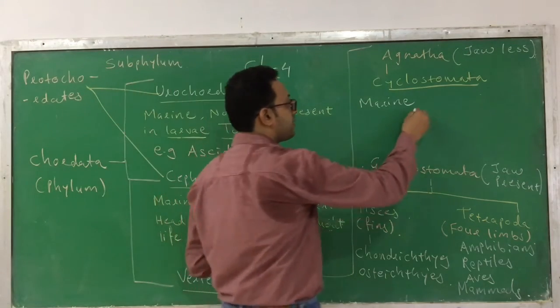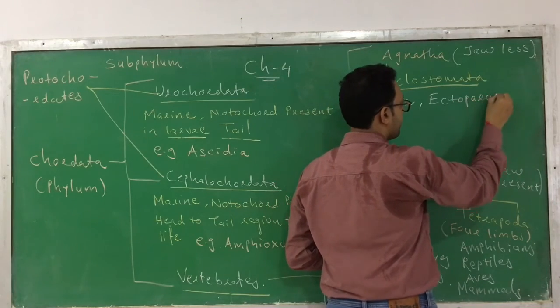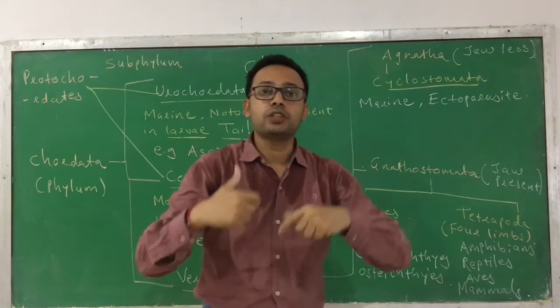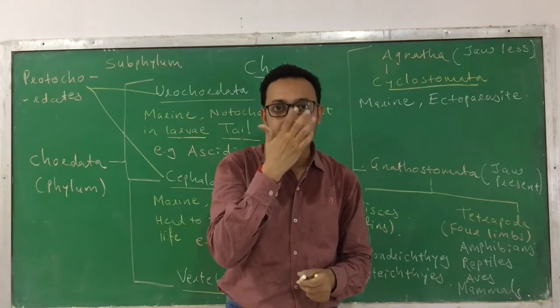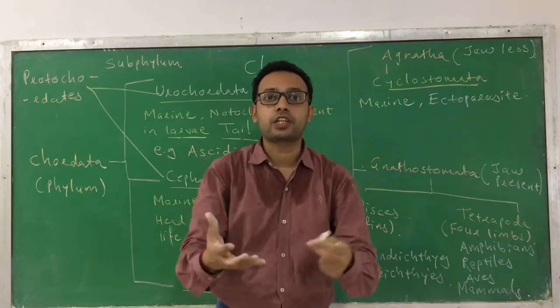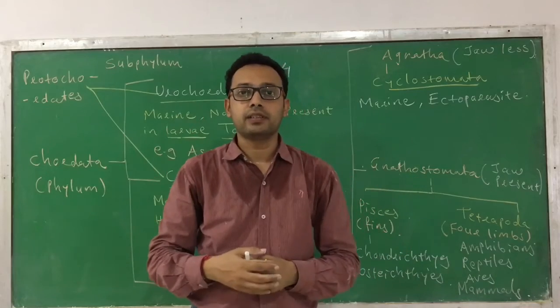Another important characteristic is that it is an ectoparasite. It is a parasite, meaning it depends on the host for its nutrient requirement and even causes harm to the host. But it is ecto, meaning it remains on the outer surface of an animal.